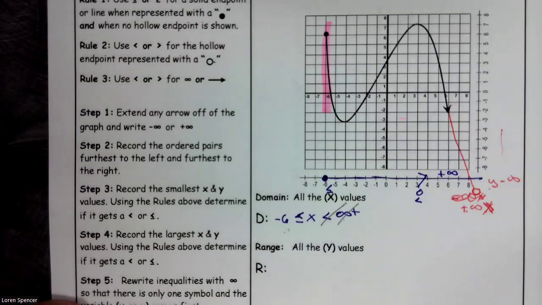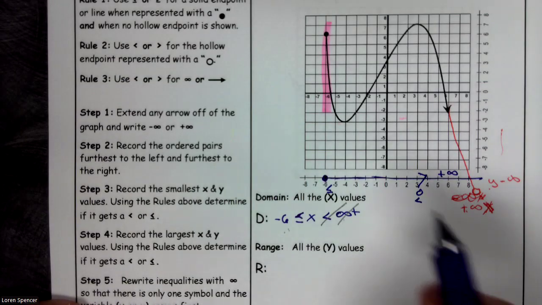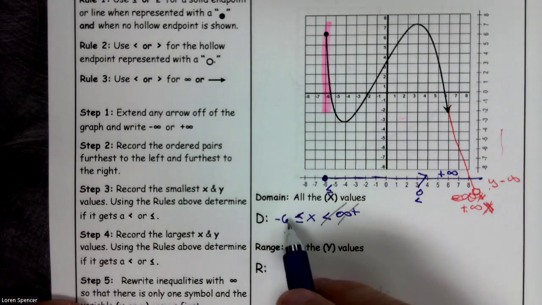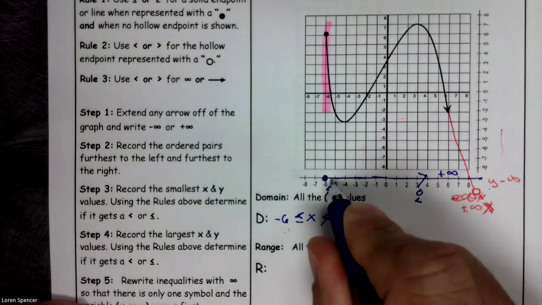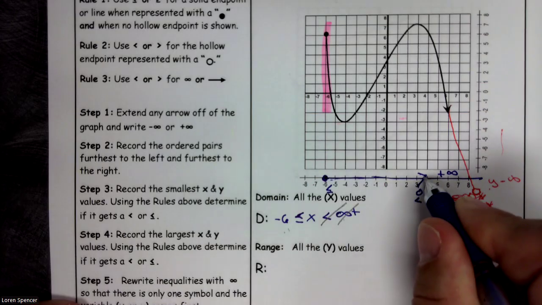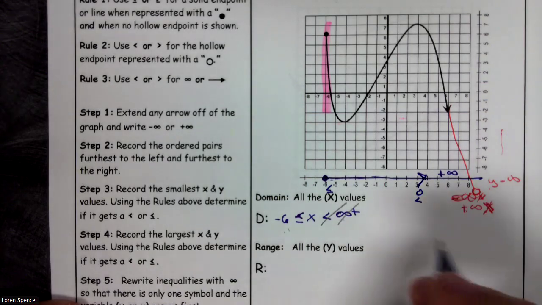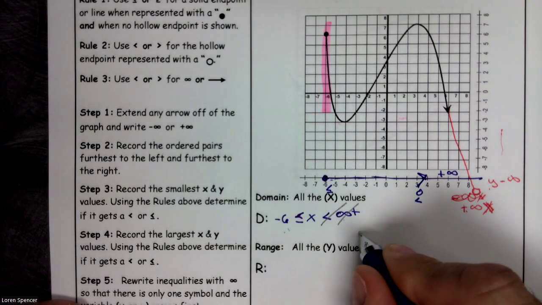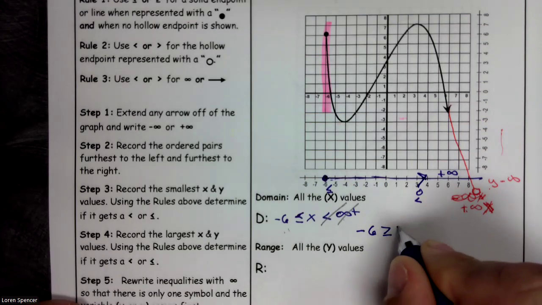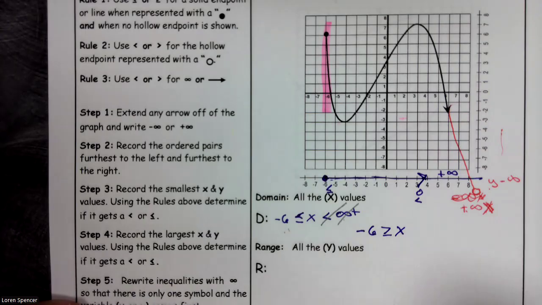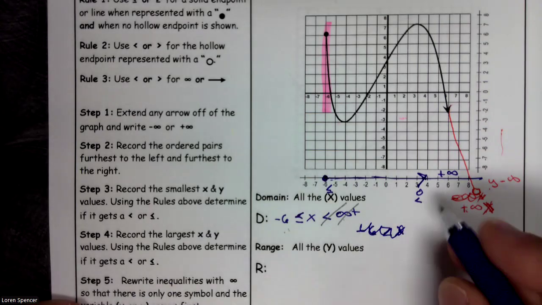But remember how we always want variables on the left to graph it? We want variables on the left again. Here we have -6 and we're arrowed off to the right to positive infinity. So this is going to be -6 greater than or equal to x, oops, I wrote that wrong.